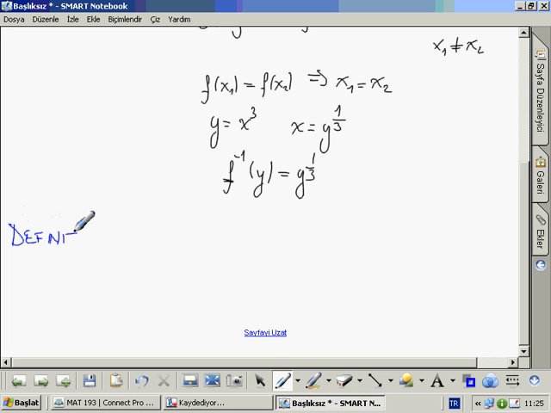Let me give you the formal definition of the 1 to 1 function and also inverse functions.